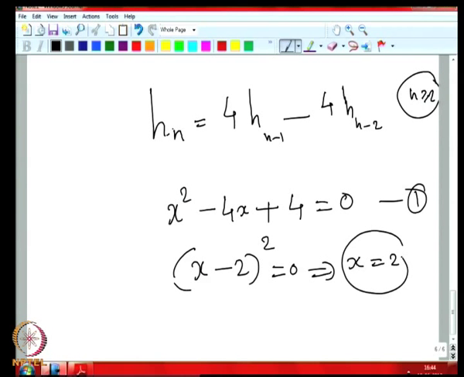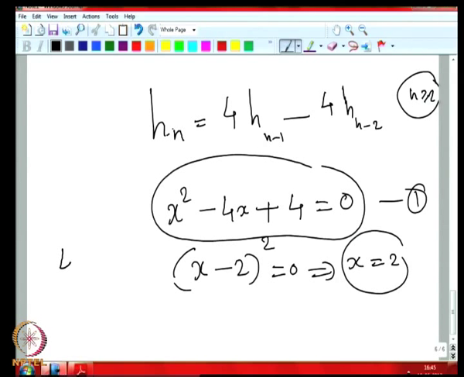Now this is x minus 2 whole square equal to 0, which means x equal to 2 is the only solution. So if you had used the method to solve the quadratic equations, you would have got x equal to 2, x equal to 2 times, right? The root repeats 2 times. For instance, p square minus 4 c, here 4 square minus 4 into 4 is becoming 0.